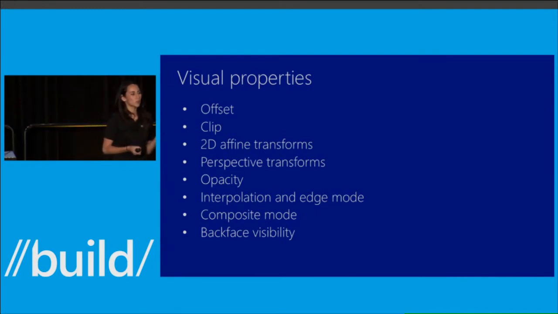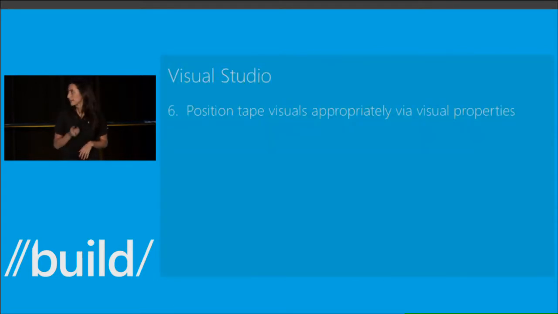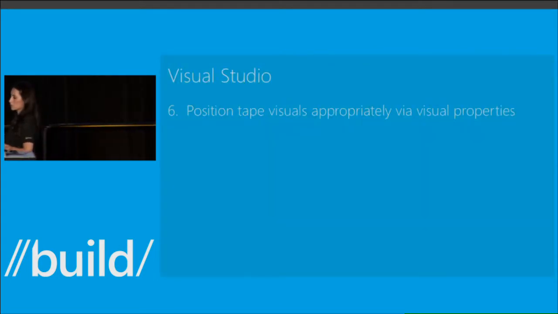Composite mode, we have 2 more options besides the typical source over. So we have min blend and destination invert. And then we have backface visibility. So this is the property that you will use if you're rotating your visual in 3D with a perspective transformation and you want to see the backside of it. All right, so let's go and position those tape visuals correctly.